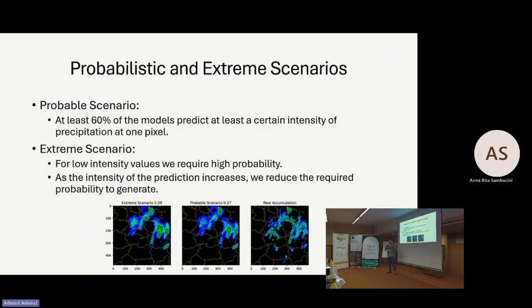In the extreme scenario, we want to go for extreme precipitations that are more difficult to predict and appear fewer times, but are very dangerous. So in this case, we start with 60% and progressively reduce the probability a pixel needs to be activated when the intensity increases.